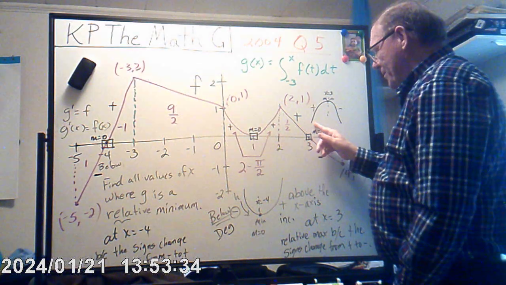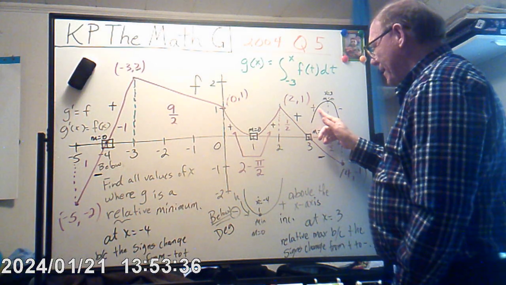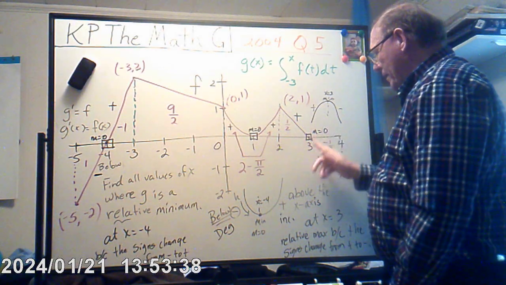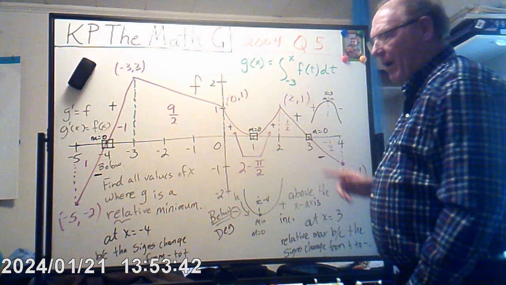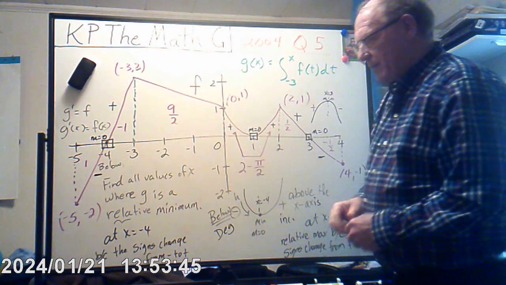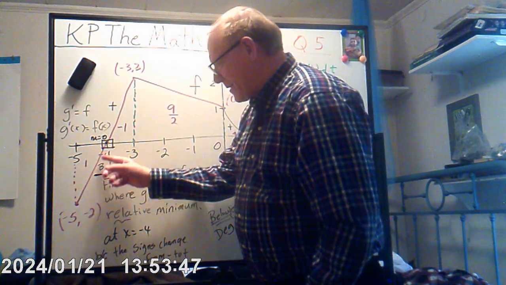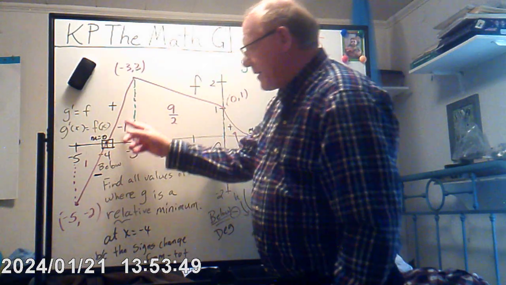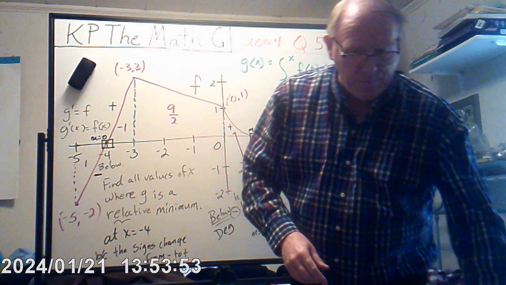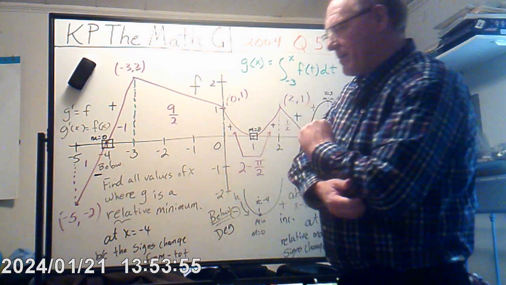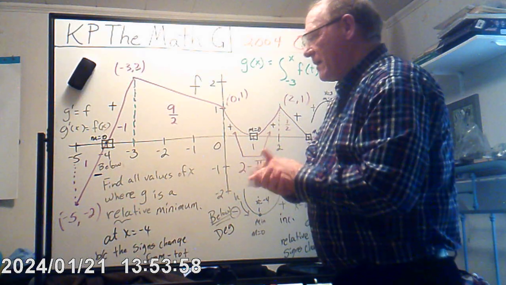So F is increasing to the left of 3 and decreasing to the right of 3. In this case, F is decreasing to the left of negative 4 and increasing to the right of negative 4. You could probably say it like that and be okay.